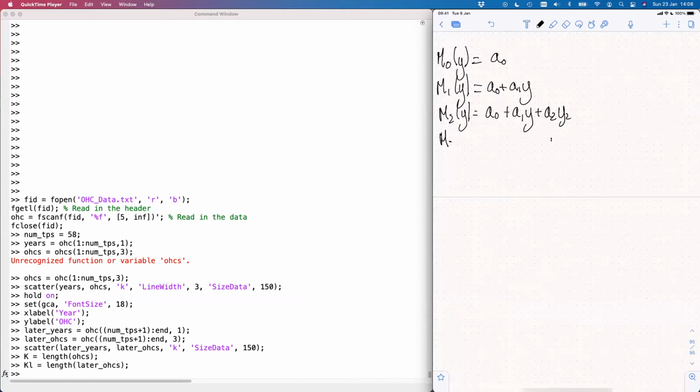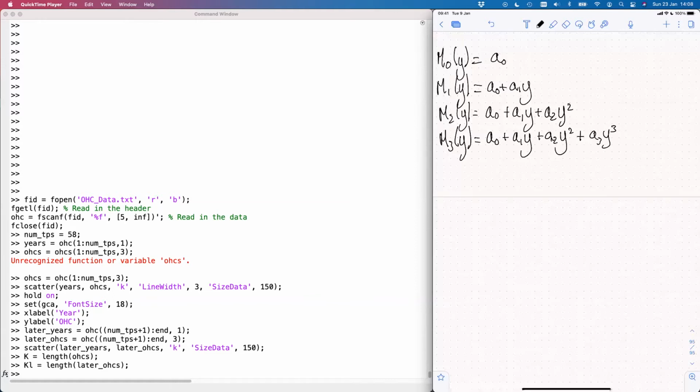Model 3, a cubic model. So that should be y squared there, squared plus 3y cubed. Okay, so simple series of polynomial models.